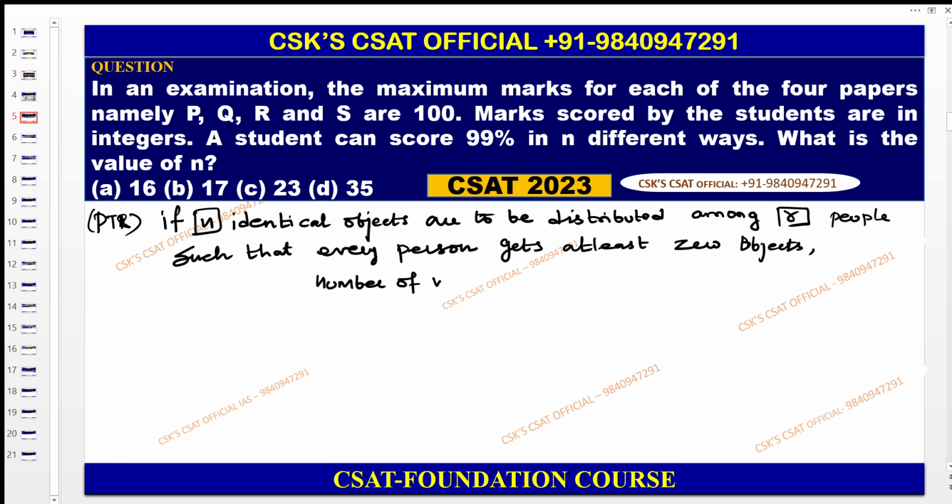The number of ways is equal to (n plus r minus 1) C (r minus 1).